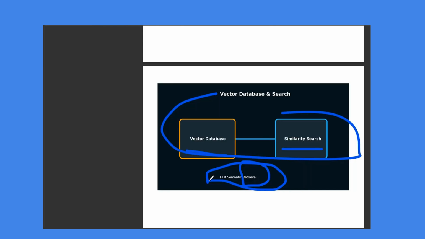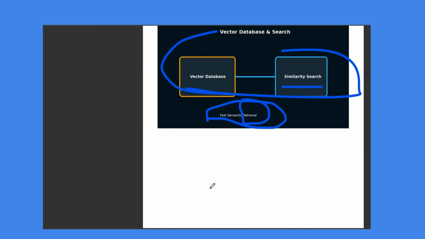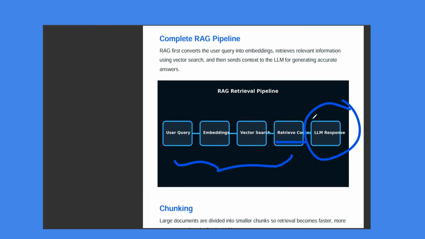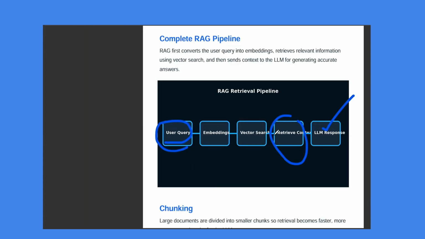So now the system has relevant information, and these retrieved chunks are sent to the LLM along with the user query, the user prompt.